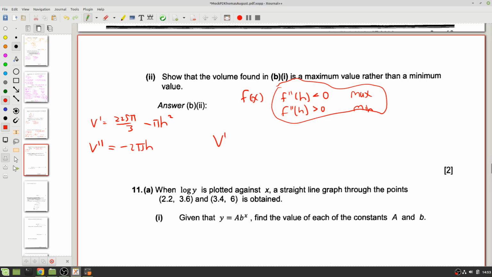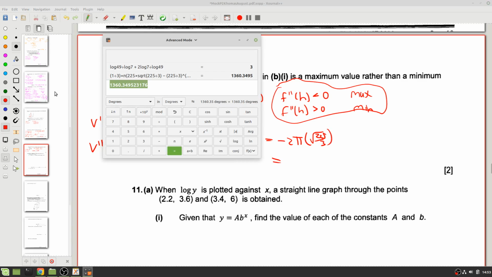And now we want to find what the value of the second derivative is when we substitute in the value of h. And we saw the value of h was the square root of 225 over 3. So what does that equal? Well, it's negative 2 pi times h. We see here this answer is going to be negative, right? But let's just type that in the calculator just to show.